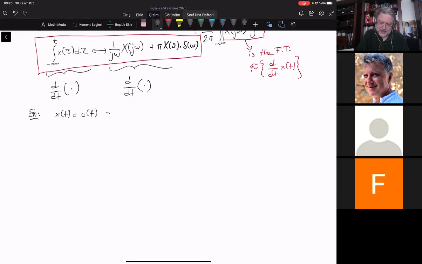And we know that that is the integral of the impulse, delta of t. Or you can say that delta of t is the time derivative of u of t. Okay. So how can we find the relation between the Fourier transform of an impulse and the Fourier transform of a unit step function?